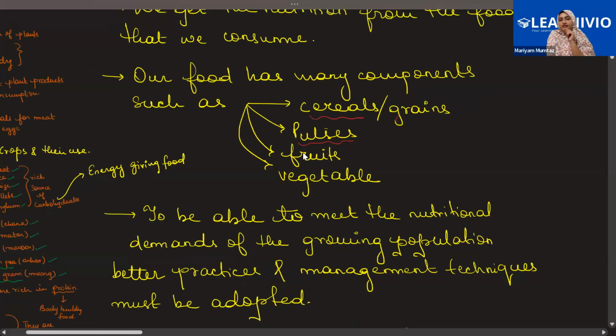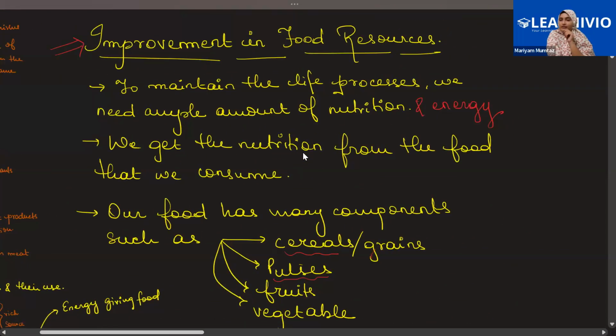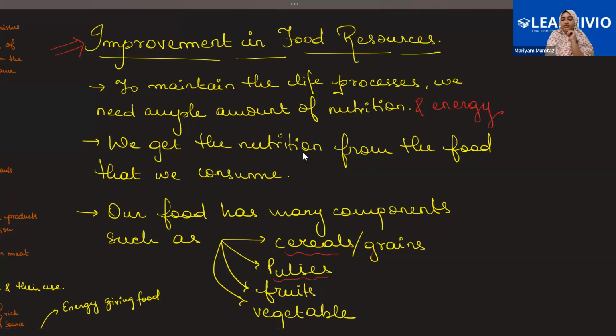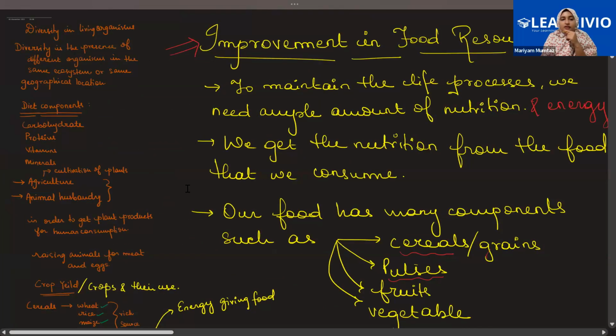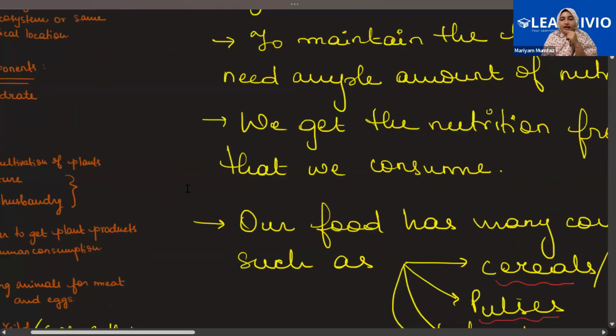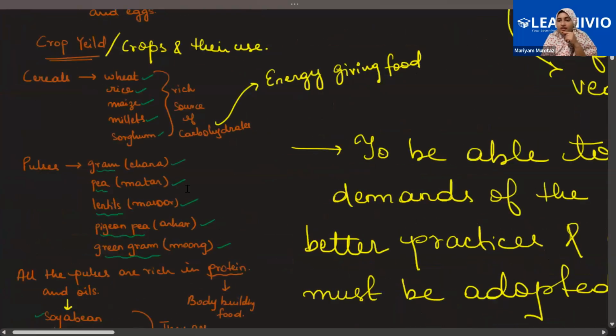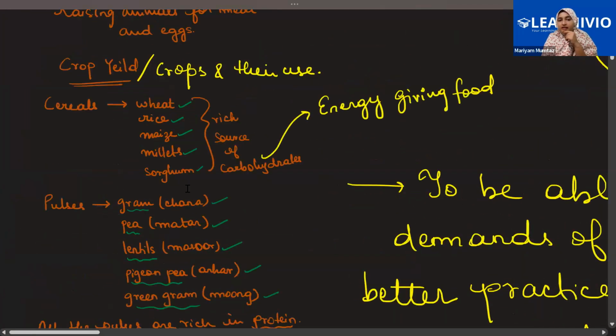So in the previous class, we saw how and why we need to improve food resources. It is a necessary thing to create more and more food production for the growing population. Then we also saw the different kinds of crops, right? We saw what comes under the cereal crops: wheat, rice, maize, millets, sorghums.